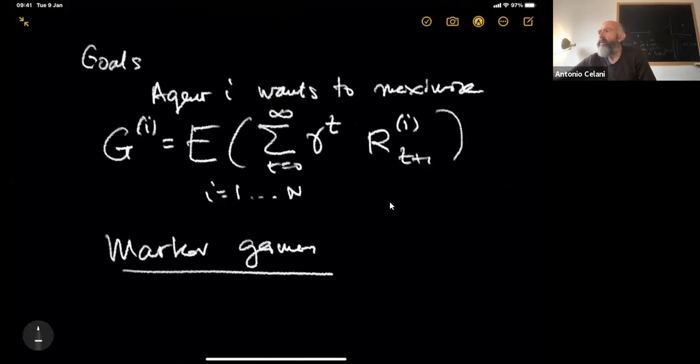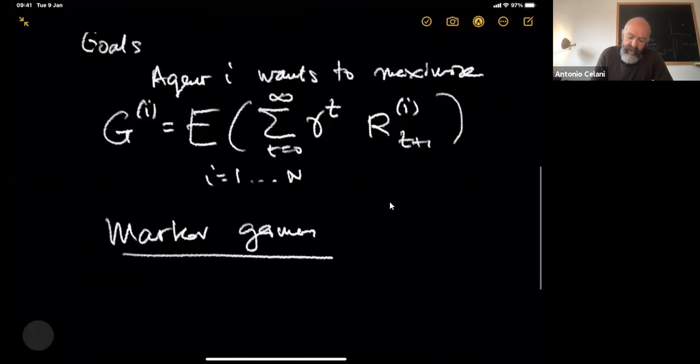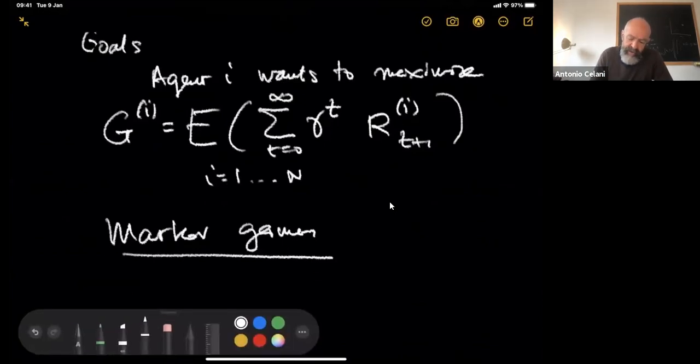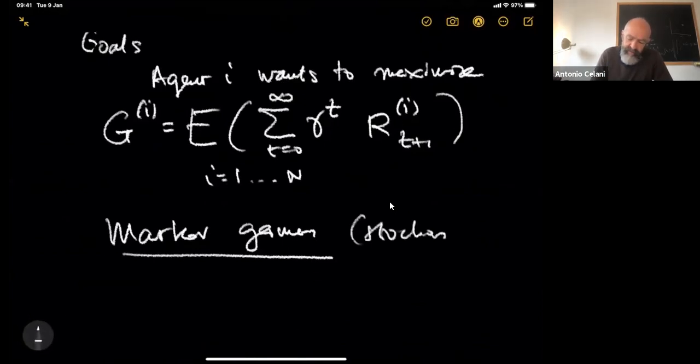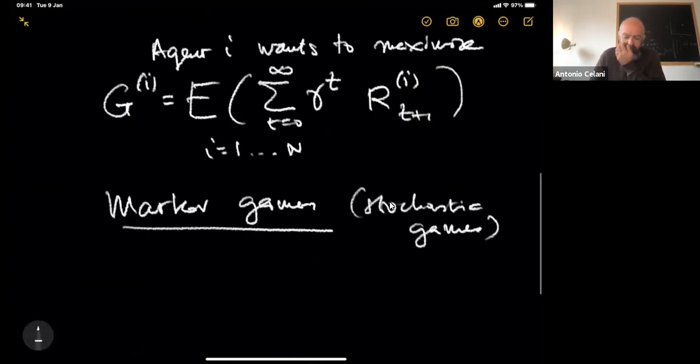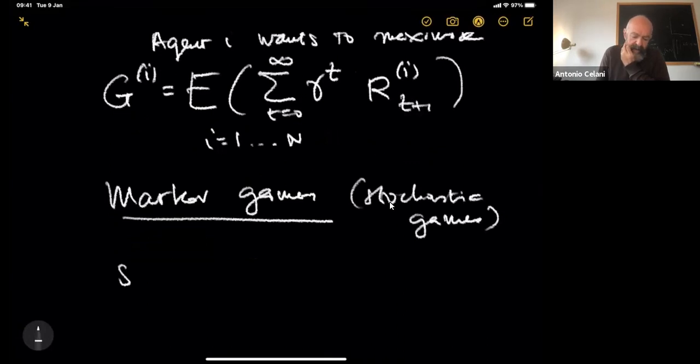All right, so let me get to the proper notation that I have here. All right. So Markov games, which are often called also stochastic games, are defined as follows. So there are states which belong to a set S, which you may think as always as being a discrete set. And these are the states of the environment as usual.